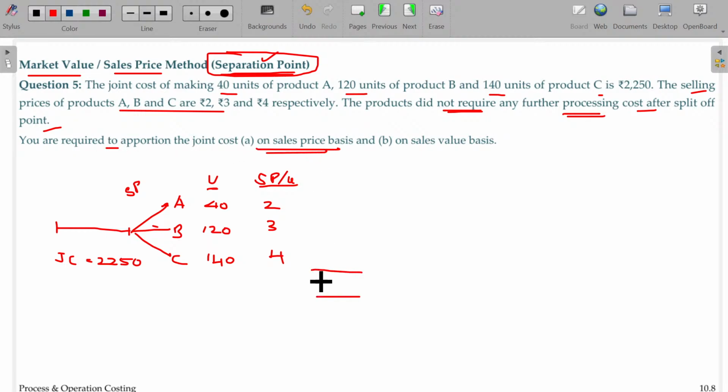The joint cost is 2,250 and the sales prices are 2, 3, 4, so this ratio is used to segregate the joint cost. The 2,250 should be shared among the three products in the ratio of 2:3:4: 500, 750 and 1,000.